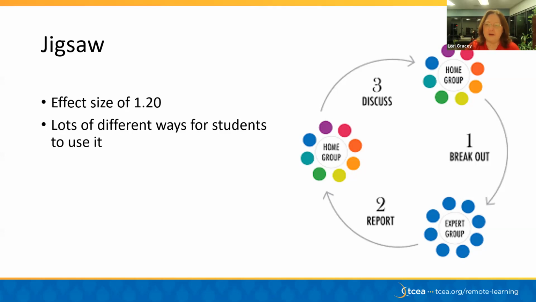Doesn't matter, but everyone in the home group is assigned a particular chunk of content. They break out now into their expert groups. So all of the kids who are studying the people of the Alamo, they're all in one group. The kids who are studying the time and history and what was going on, they're in another group, okay? And then they're going to go through all of the resources that you have for that particular chunk of content.